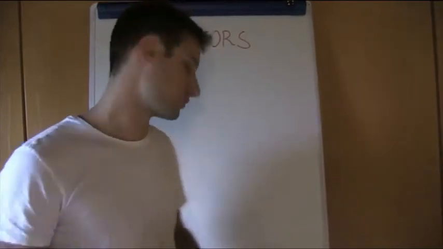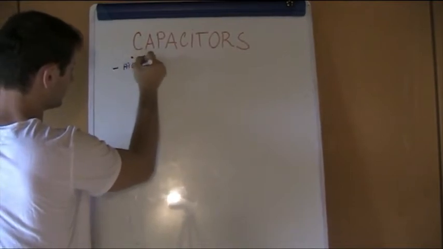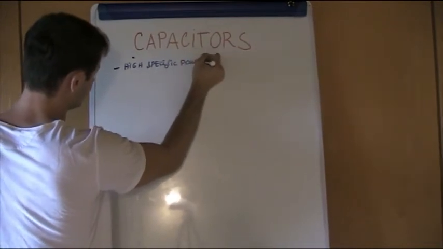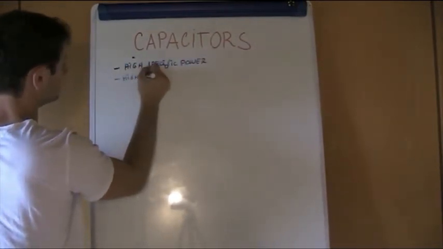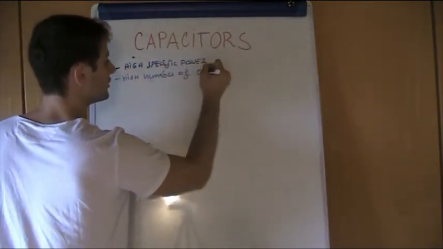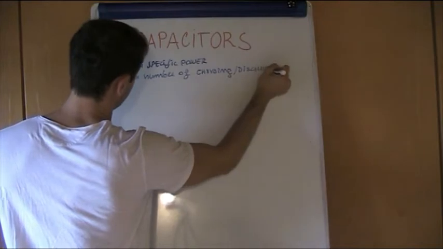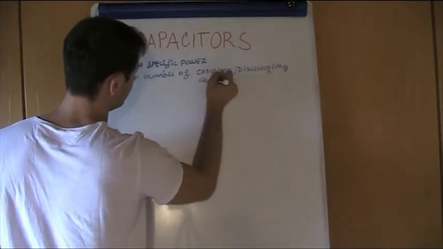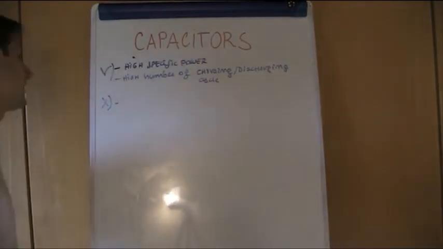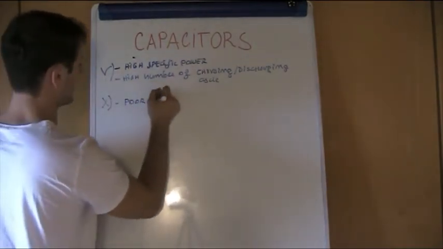A capacitor has a high specific power and a high number of charging-discharging cycles, which are good aspects, but on the negative side we have, for instance, a quite poor or low specific energy.